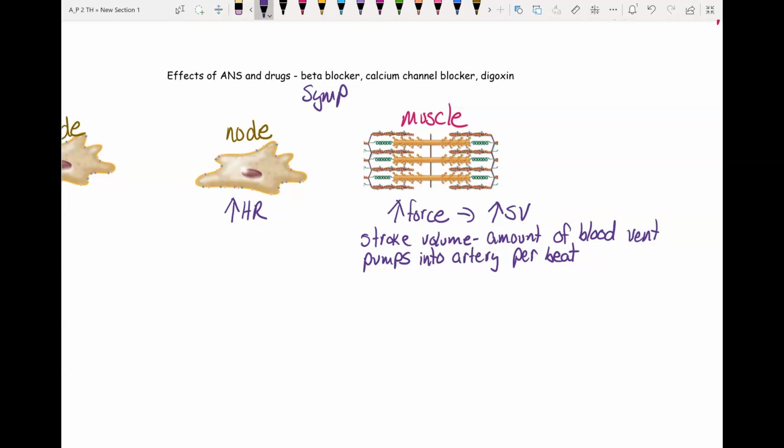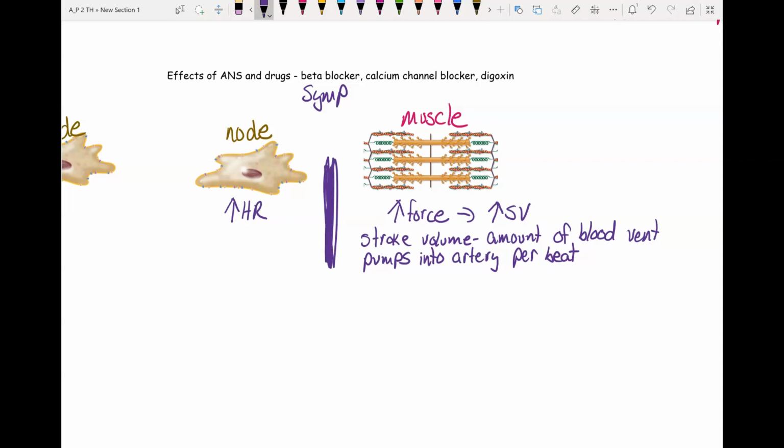And the way you alter stroke volume is by altering force. So we're going to talk about how sympathetic alters the force, and then that ultimately is going to alter the stroke volume. Another thing to keep in mind is to keep these things separate. They are two separate things.